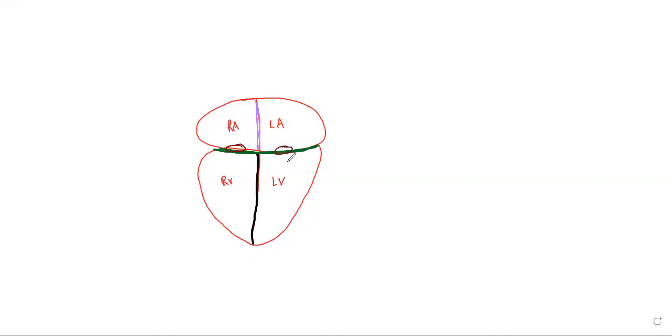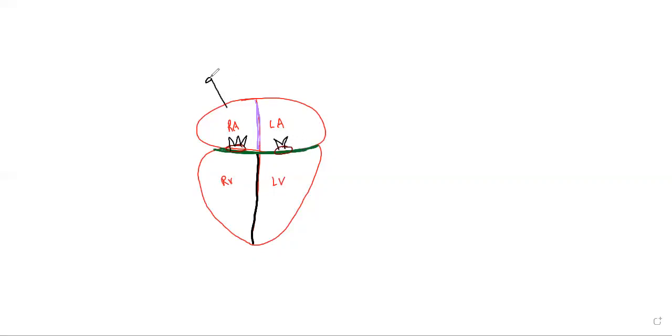The opening of the left atria into the left ventricle is called the left atrioventricular aperture. The right atrioventricular aperture is guarded by the tricuspid valve, and the left atrioventricular aperture is guarded by the bicuspid valve.